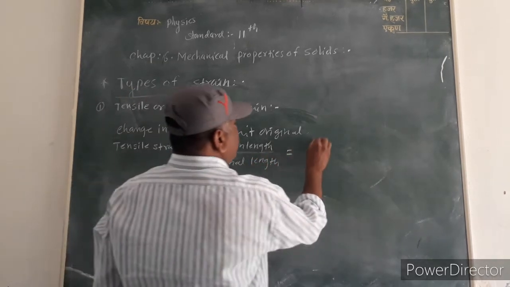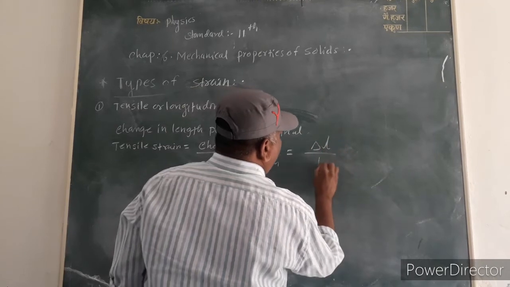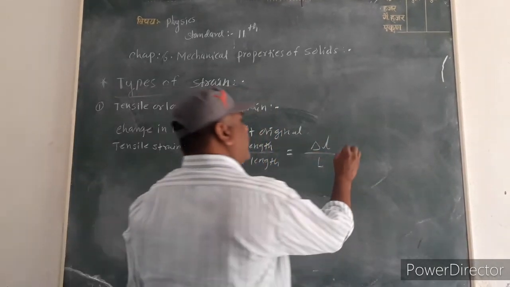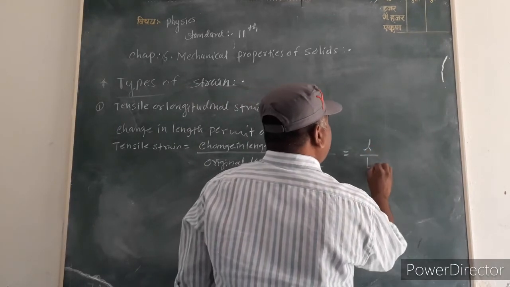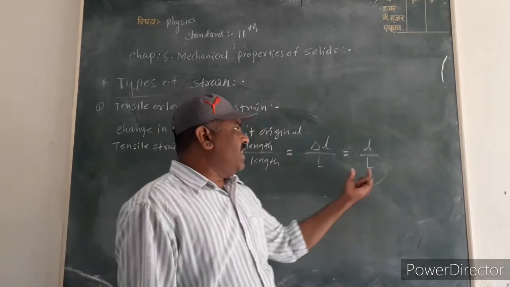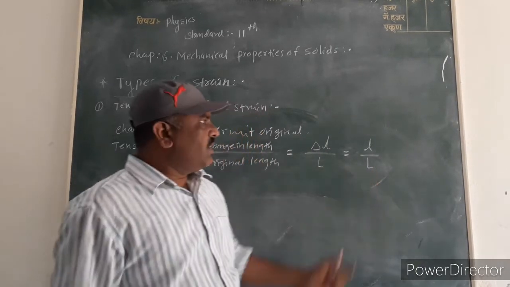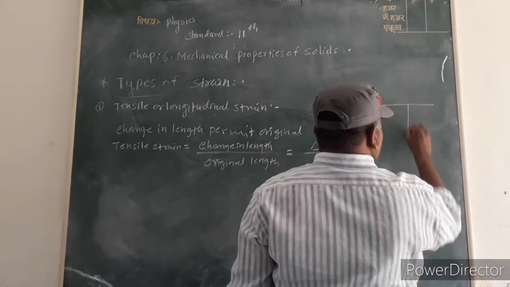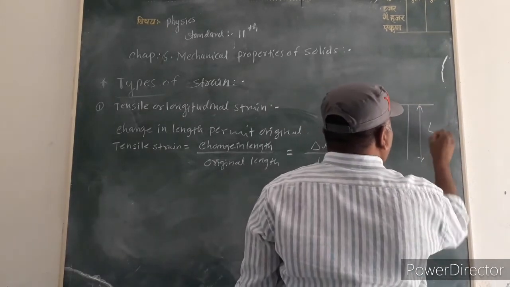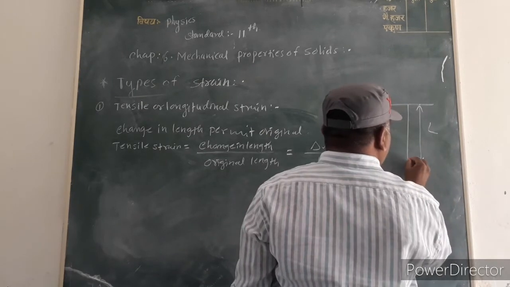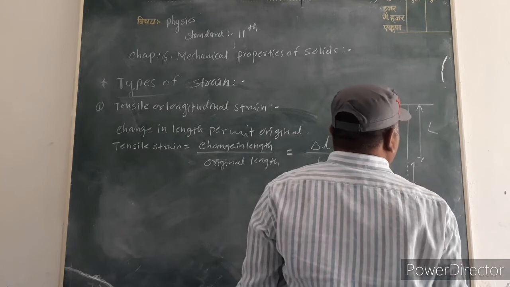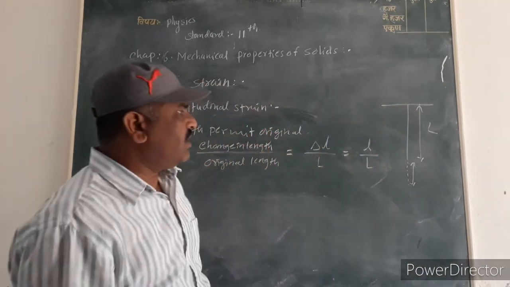Now this is equal to change in length, suppose delta L, and original length is L. Or sometimes it is written as small l upon capital L. The small l is the change in length and capital L is the original length. Suppose this is the original length L of the wire. If we apply some weight, the length increases, and this is called the increase in length or change in length.